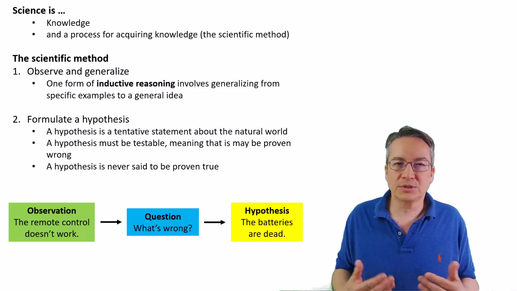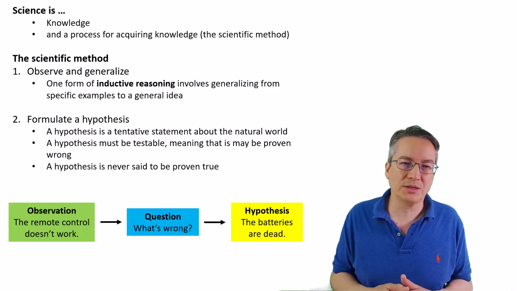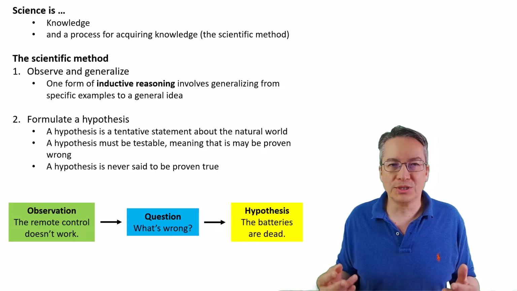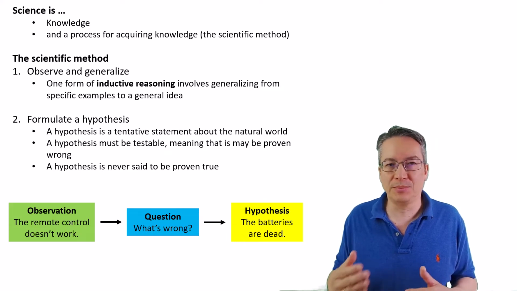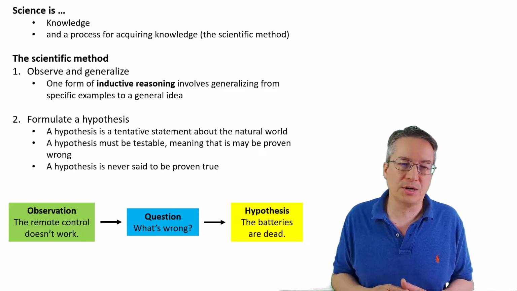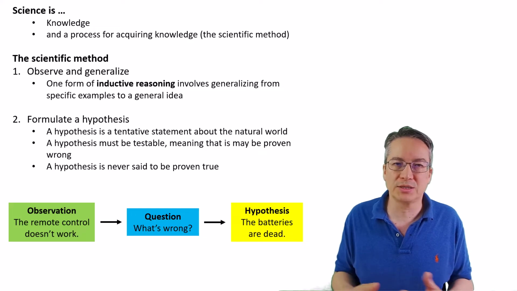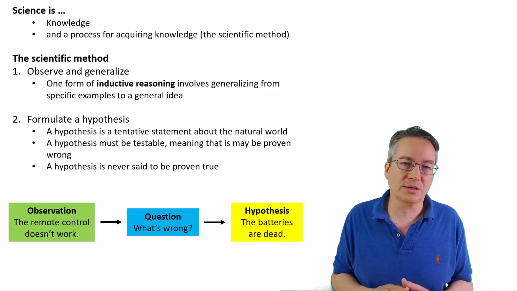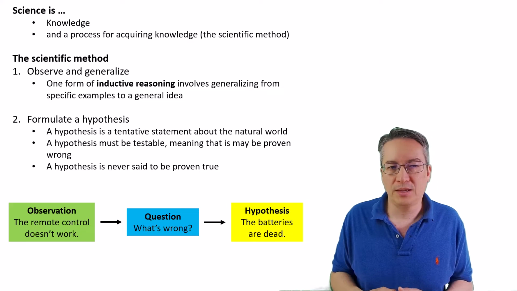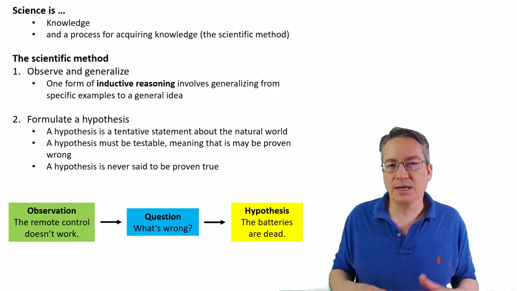Now, there's a little bit of an exception in the sense that sometimes scientists will come up with hypotheses, and we don't have the tools yet to answer the question, but maybe in 10 years or 50 years, those tools and that equipment will be there to test the hypothesis. So it still could potentially be a scientific hypothesis, even if we don't have the current technology to test it. But at least potentially it should be something that could be testable and proven wrong.